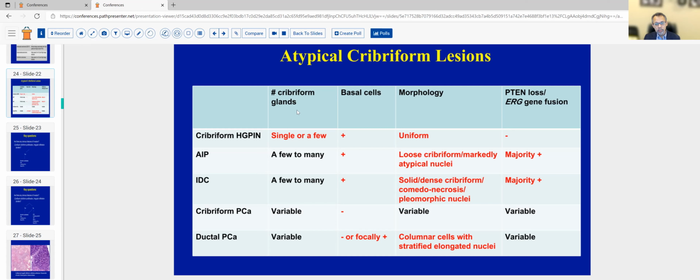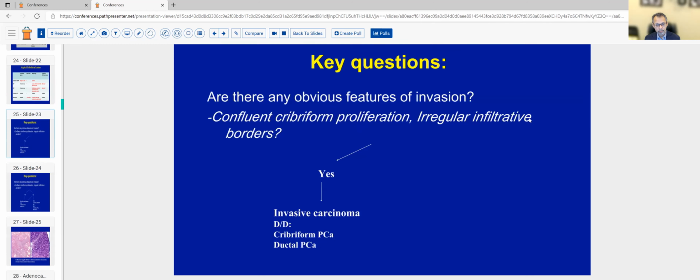So you have to develop a systematic habit of looking at several morphological features, specifically whether you are dealing with a loose cribriform proliferation or a solid or dense cribriform proliferation, the cytological details of these cells, the status of basal cells, the number of cribriform glands, and in some instances, the presence or absence of PTEN expression, which is also very important in resolving the differential diagnosis. So let us talk about this systematic approach.